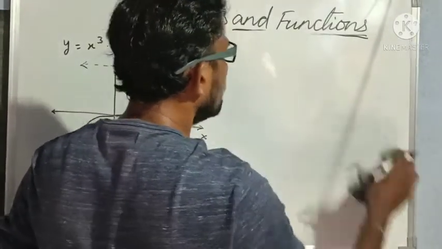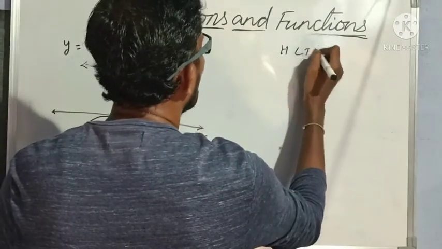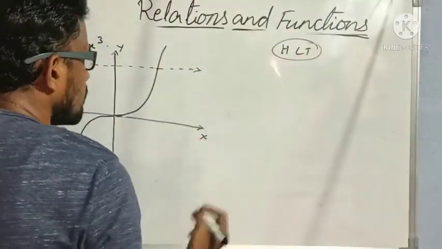So now we are on the horizontal line test only. Now we are finding whether a function is many one or one-one.